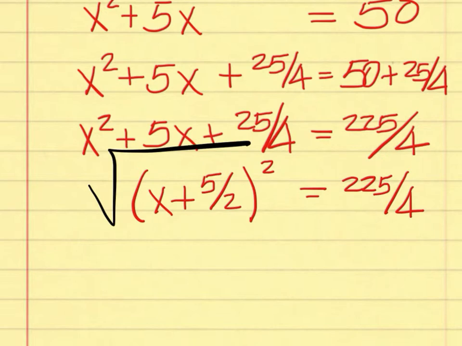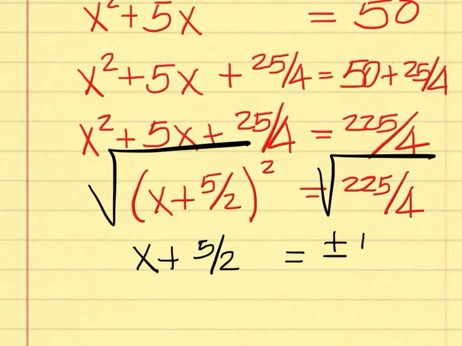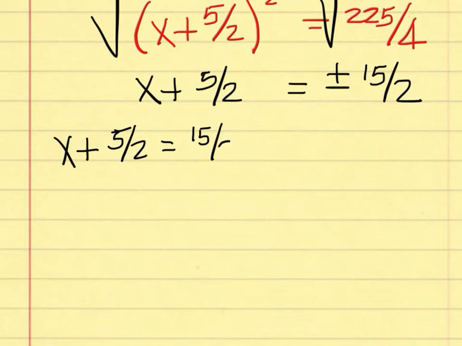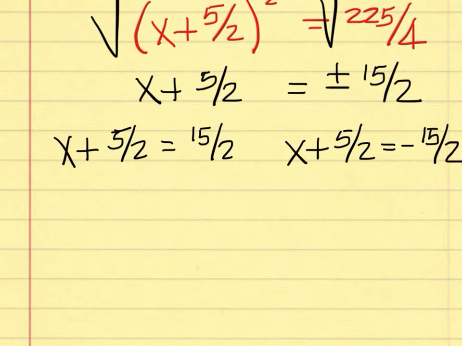The square root of both sides will give you x plus 5 halves equals plus or minus 15 over 2. You need two equations. One is x plus 5 halves equals 15 over 2, and the other is x plus 5 halves equals a negative 15 over 2.